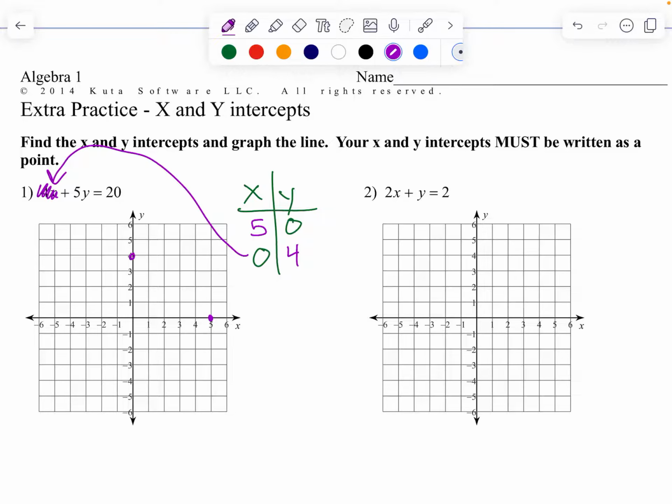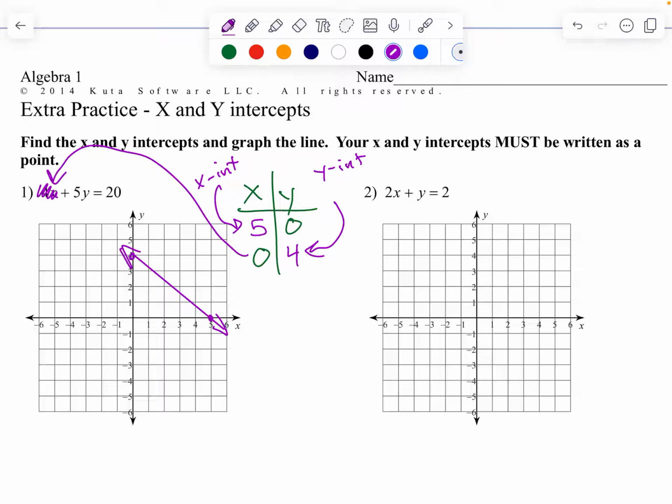So we've got the x-intercept here at (5, 0). And we've got the y-intercept here at (0, 4). Those are the 2 points that we're going to use to determine a line. And there we go. Connect. You have graphed that equation using the zeros or the intercept method.